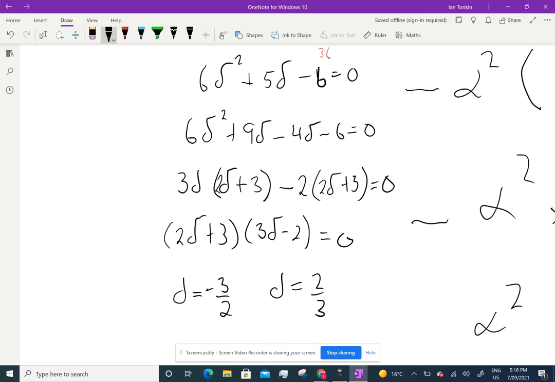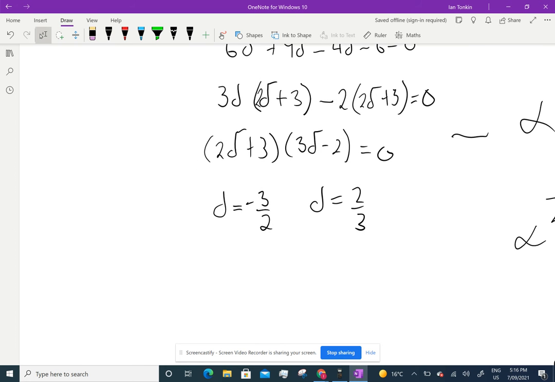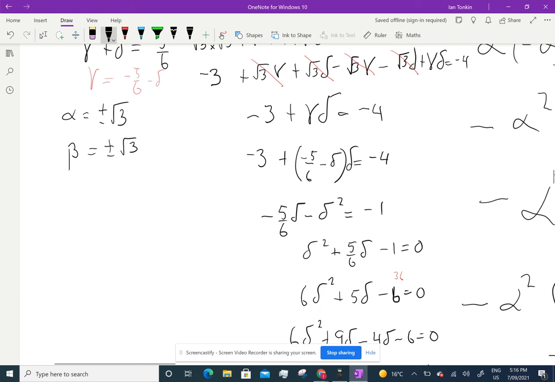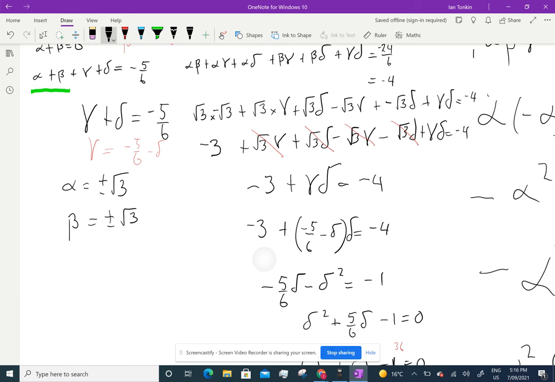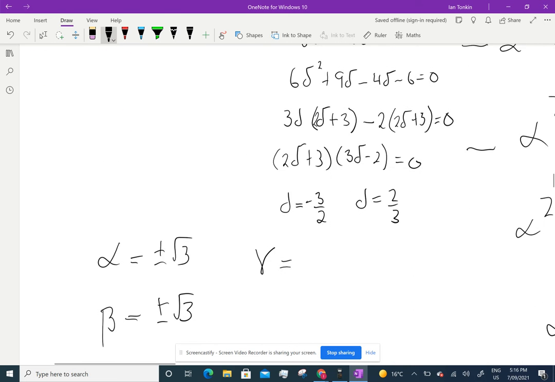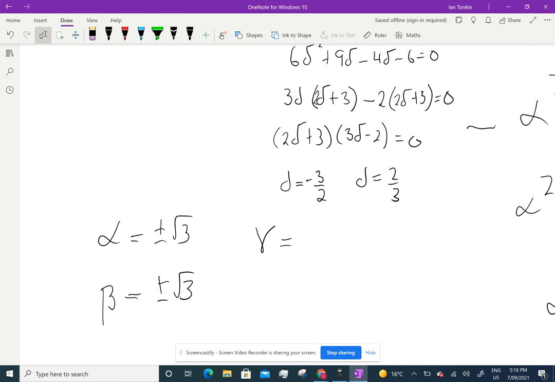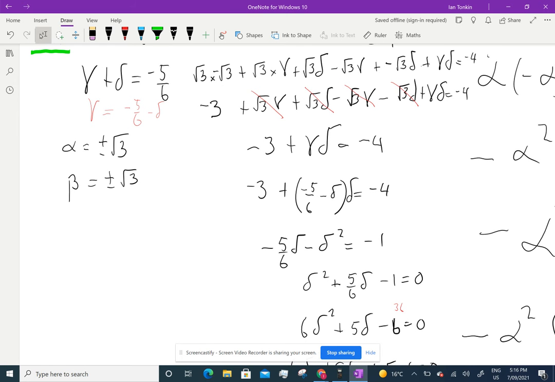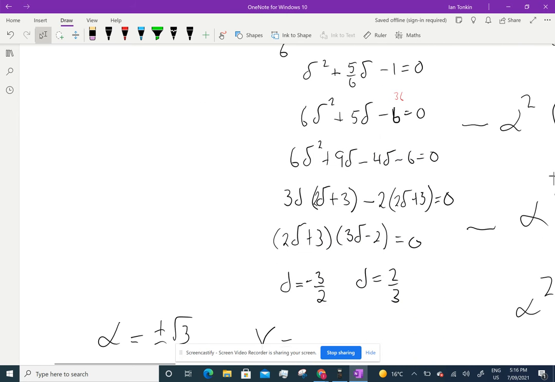Remember, alpha equals plus or minus root 3, and depending on which one it is, beta will be minus or plus root 3. And gamma equals minus 5 on 6 minus delta.